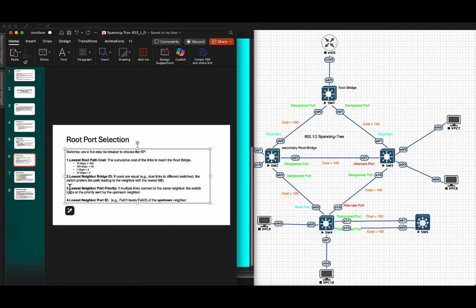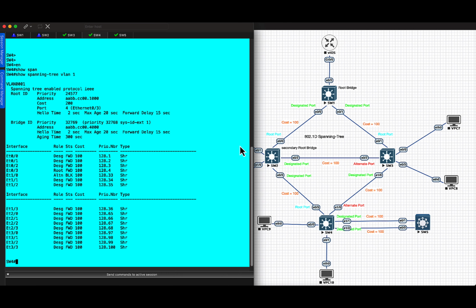So then it's going to use the next tiebreaker. It's going to look at the lowest neighbor port priority, right? So the neighbor of switch 5 is switch 4. So look at switch 4.